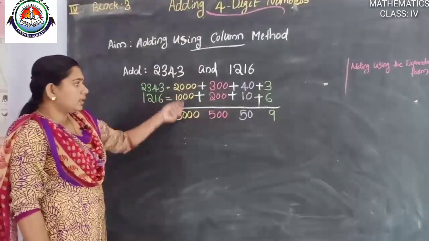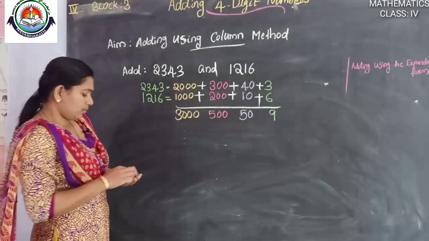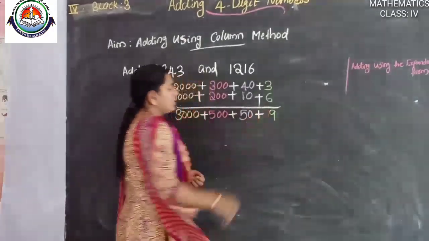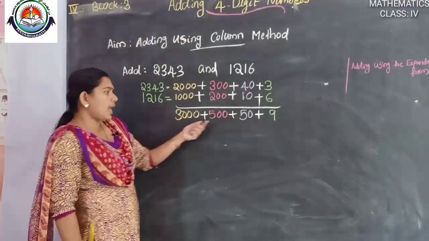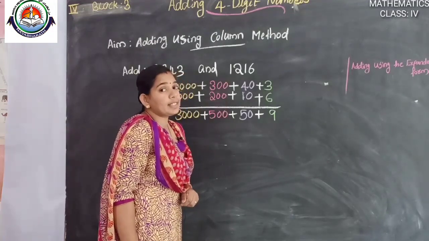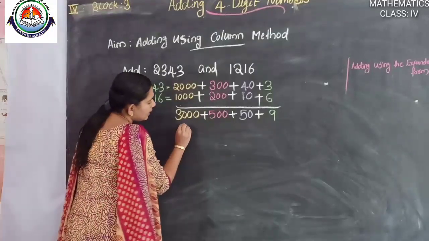Okay. Just like we did in the previous classes. Just like we expanded, this is the expanded form of our answer. What is the standard form of our answer? Write down. 3000.